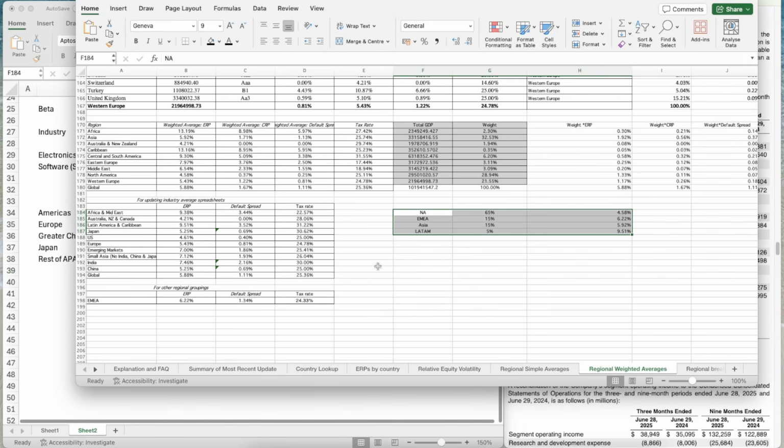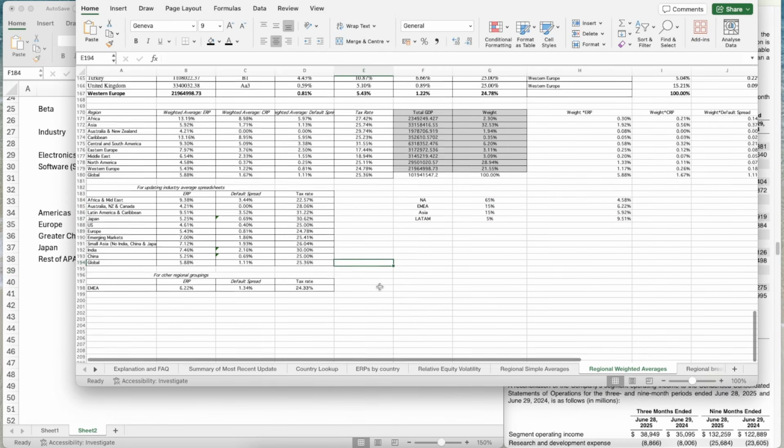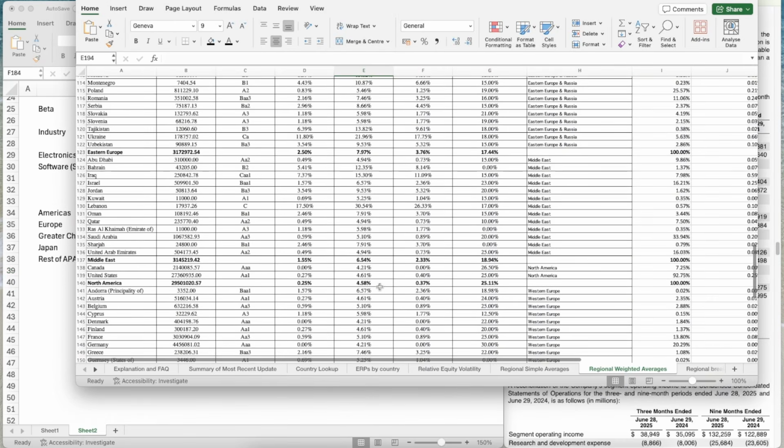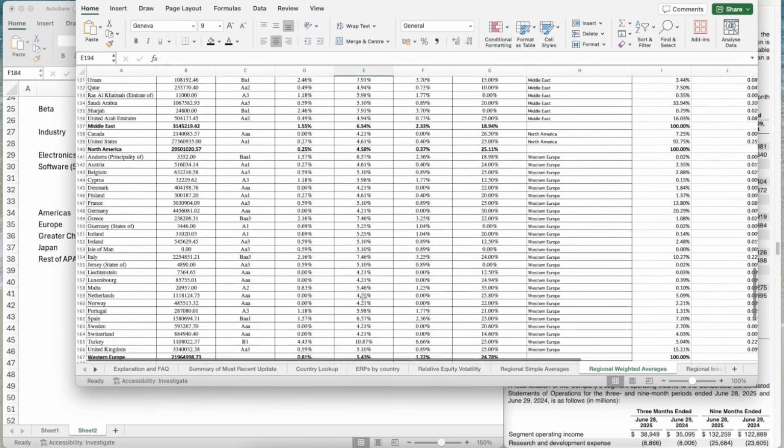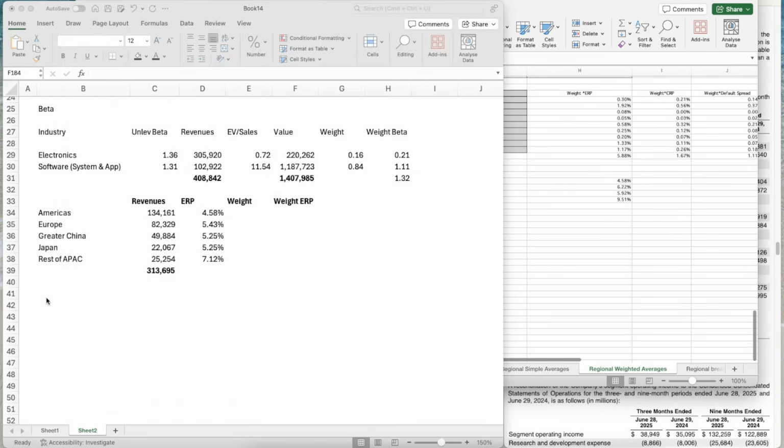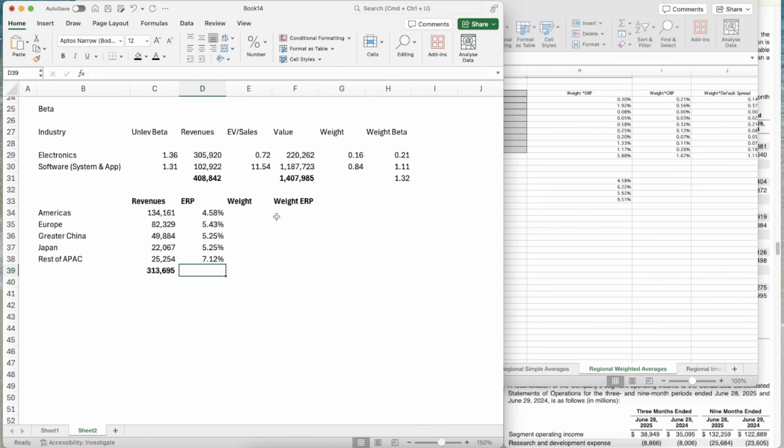As you can see, if we'd just gone on a US risk premium, we would have put it as 4.61%. But as you can see, we have all of these. Let's calculate the weight, and then you'll see how it differs.